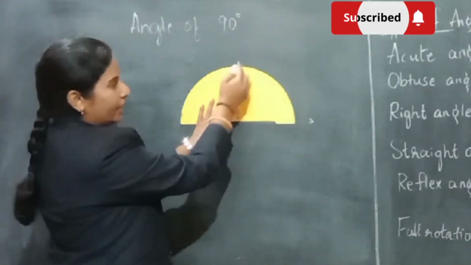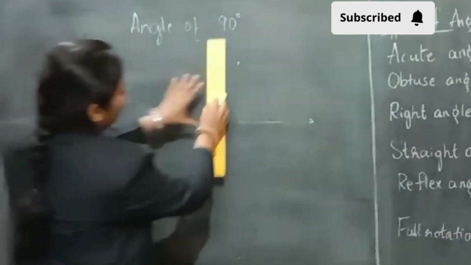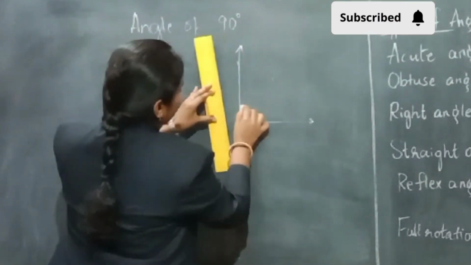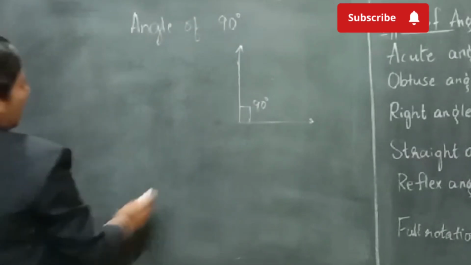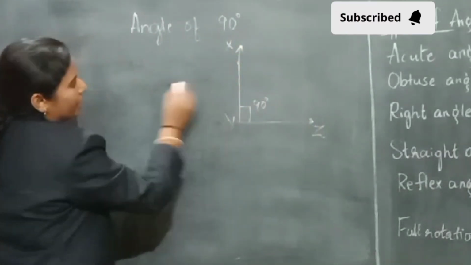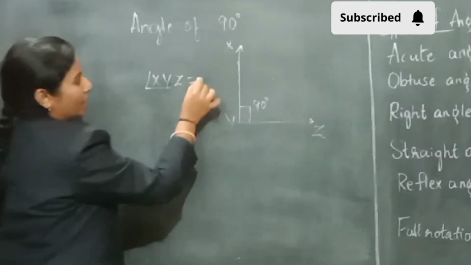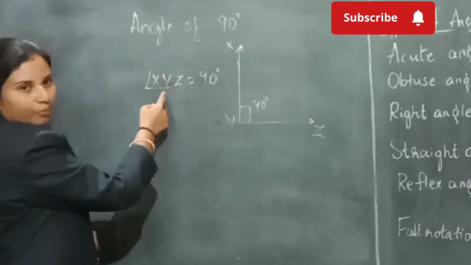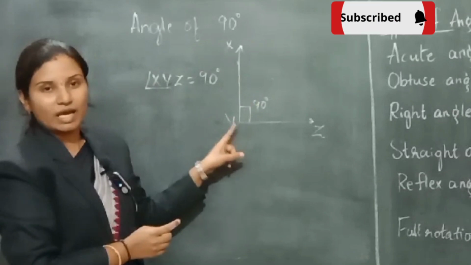We can see the 90 degree here. I have marked the 90 degree. Now I will join these two lines. This is a 90 degree. I will name this as X, Y and Z. This is the angle XYZ which measures 90 degree. This is the symbol of degree. This is the angle representation. These are the two arms, and here is the vertex and the node.